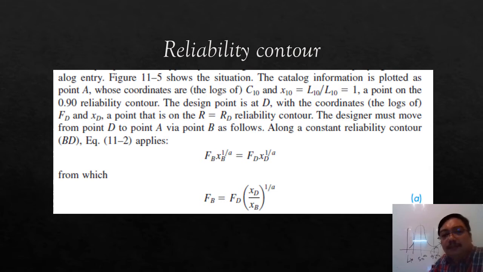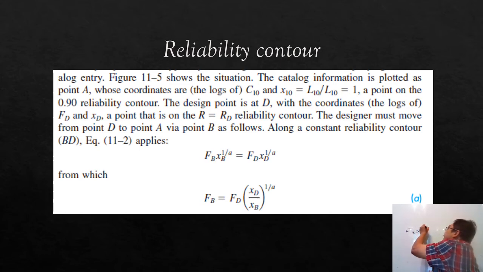The designer must move from point D to point A by way of point B as follows. This is the equation for it: FB xB^(1/a) equals FD xD^(1/a). Remember, a is the exponent used for ball bearings and also cylindrical bearings.